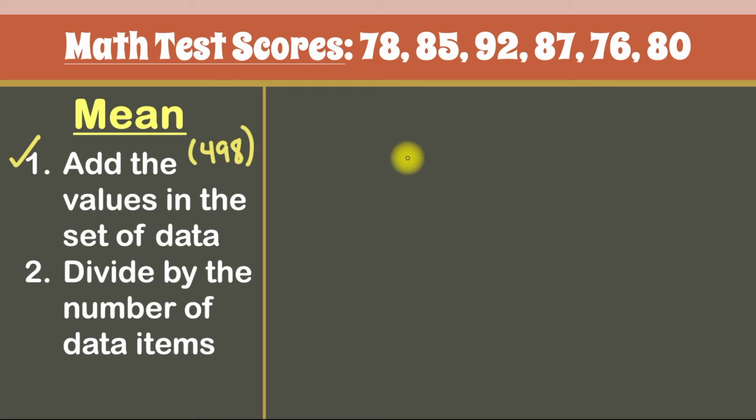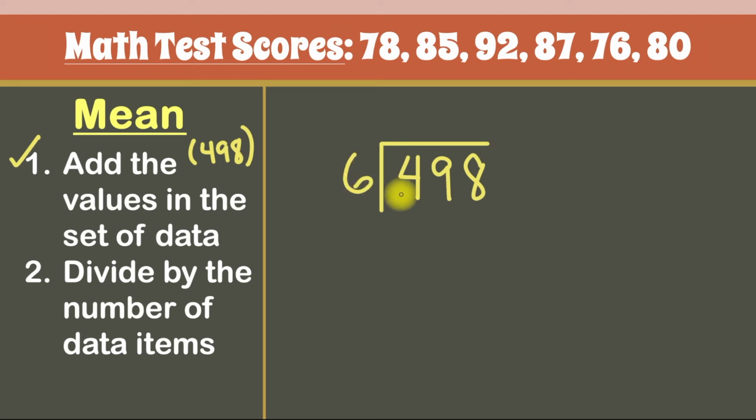So we're going to divide 498, because that's our sum, by the number of data items. How many items are there in this set of data? Well, there's 1, 2, 3, 4, 5, 6 data items, which means I'll have 498 divided by 6.